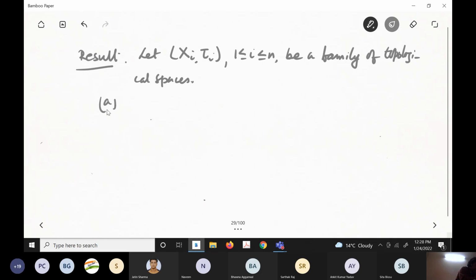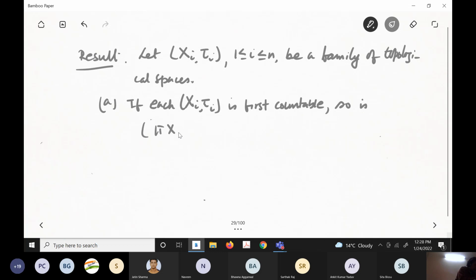Then 1a. If each (Xi, tau i) is first countable, so is the product, where I am specifically writing with respect to the product topology.